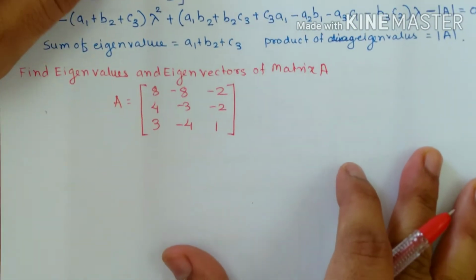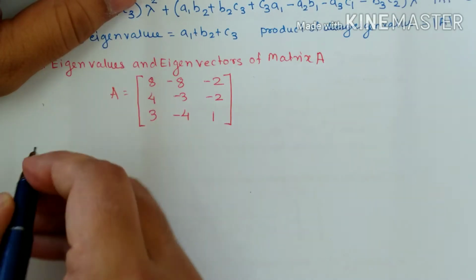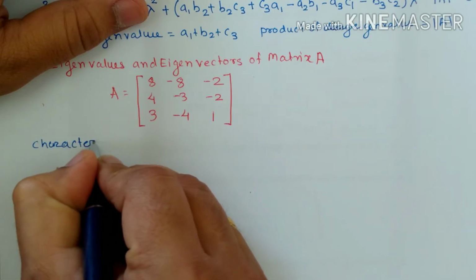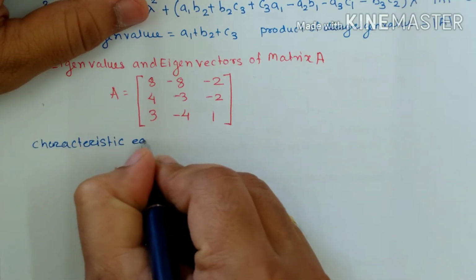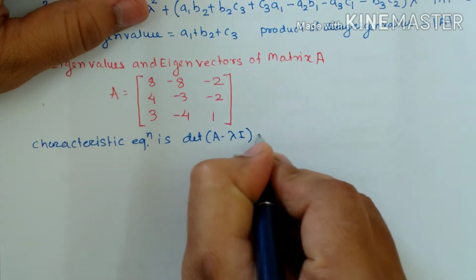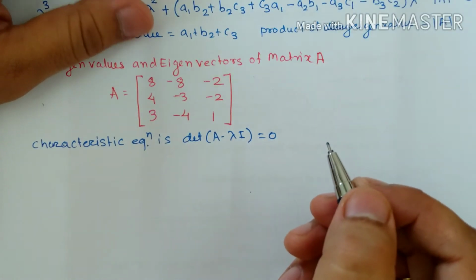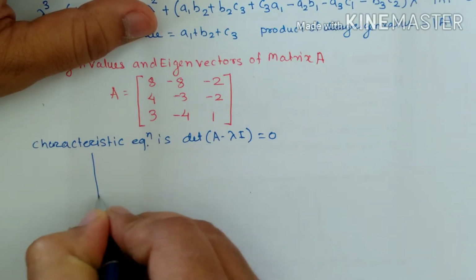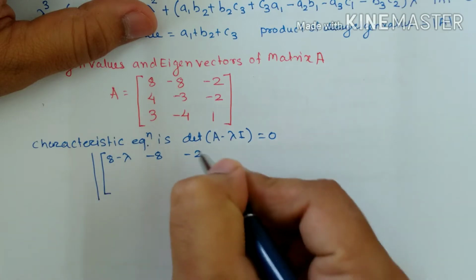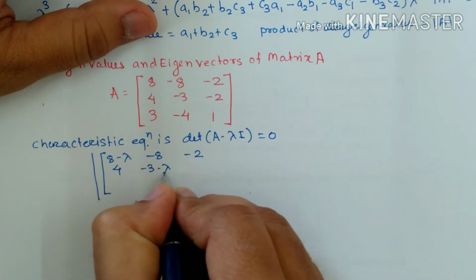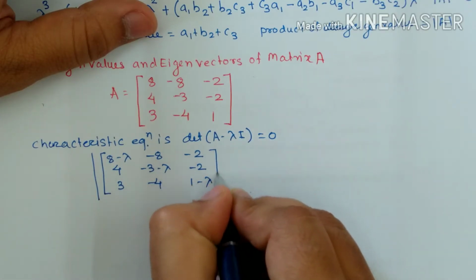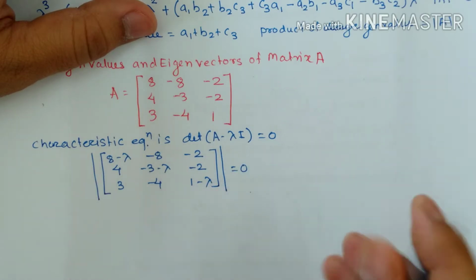Now we have to compute the characteristic equation. So we begin with the characteristic equation: determinant of A minus lambda I is equal to 0. Which gives me the determinant of 8 minus lambda, minus 8, minus 2; 4, minus 3 minus lambda, minus 2; 3, minus 4, 1 minus lambda, is equal to 0.